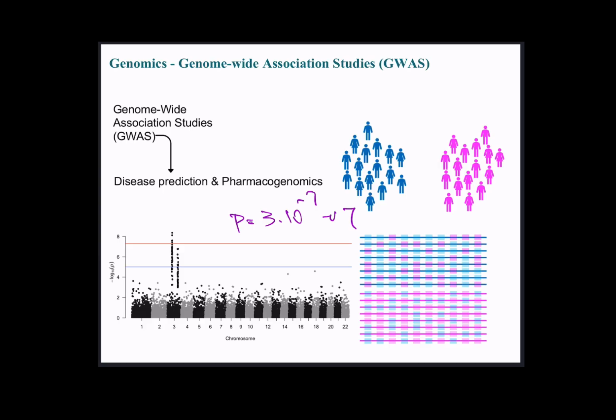Remember linkage? When things are really close to one another in DNA, they never separate over very long evolutionary timescales. So the idea here is if these SNPs were traveling one way or another into non-diseased individuals or diseased individuals, there is an extremely high chance that anything that is really close to those SNPs traveled with them.